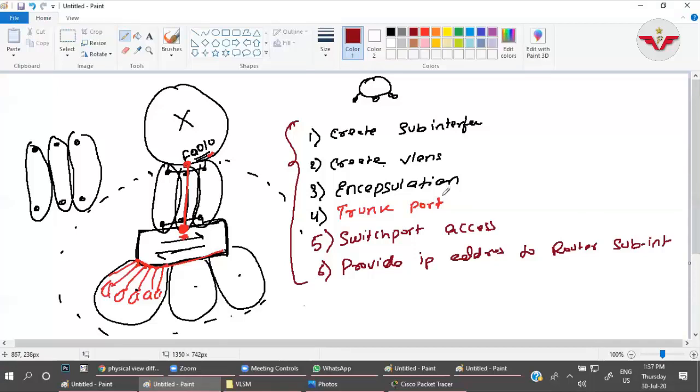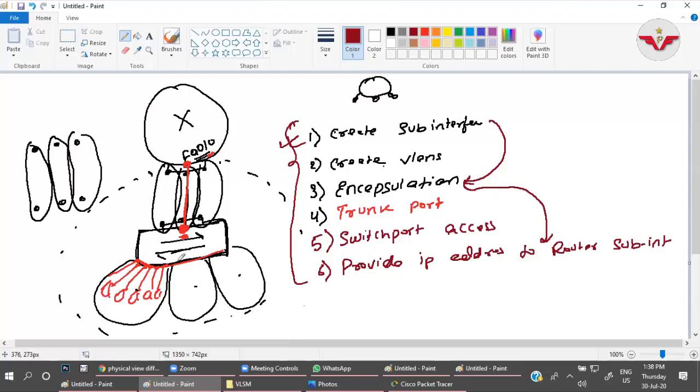Just for your understanding, to clear the concept, I have created this sequence, but you can change it as well. For example, whenever you are on the router, you create the sub interface, and at the same time you encapsulate and provide the IP address to that sub interface.